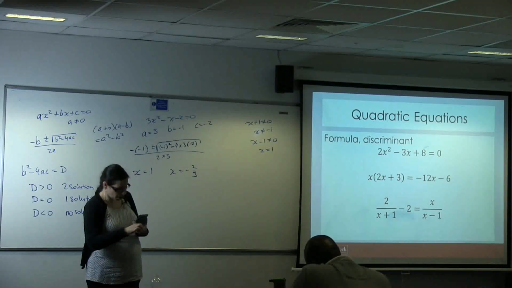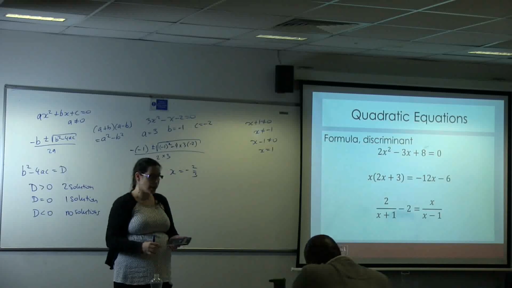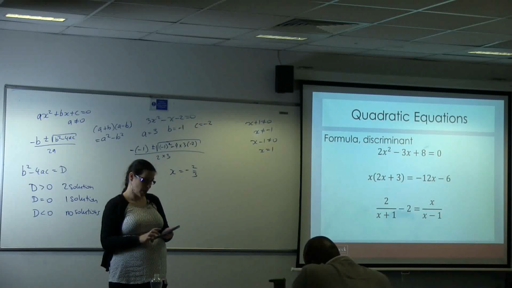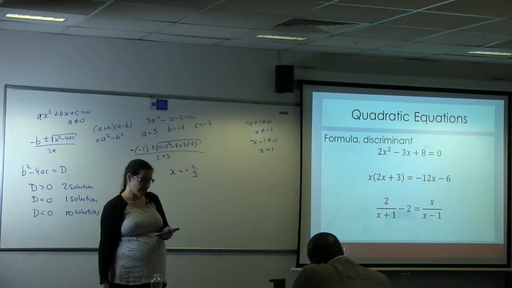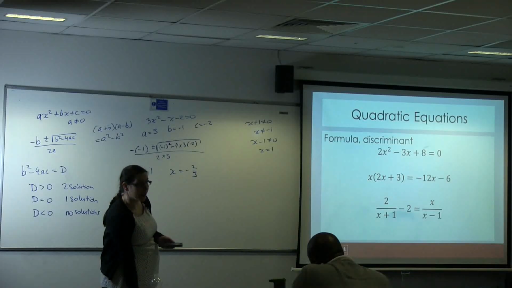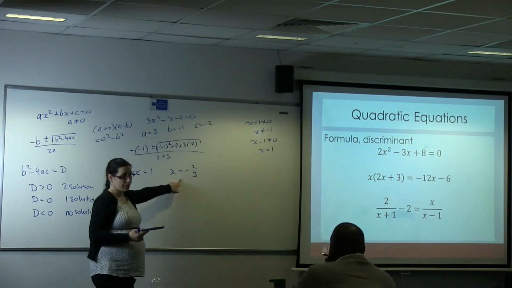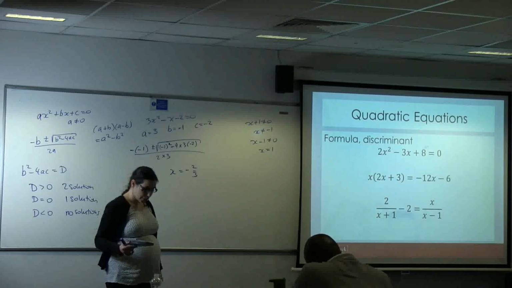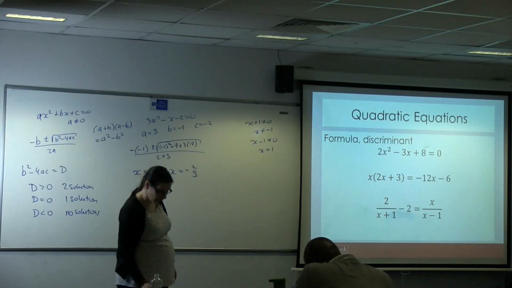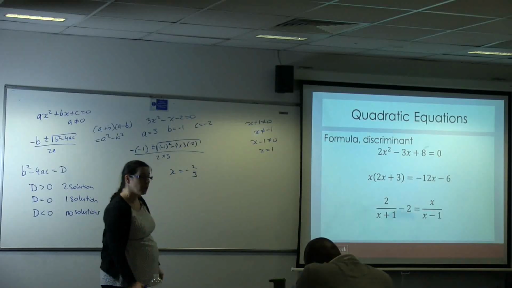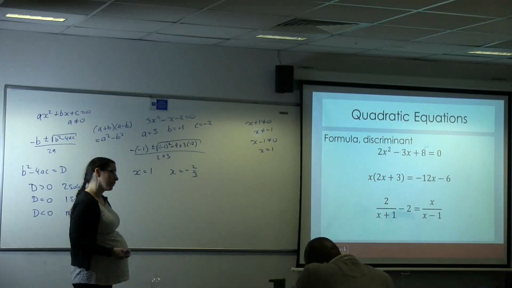And for this one, I don't want the decimal equivalent, because the decimal equivalent would be minus 0.666 recurring. So this one is a more exact answer, because it's an infinitely recurring decimal fraction. At some point I would need to round. That would give me rounding error.